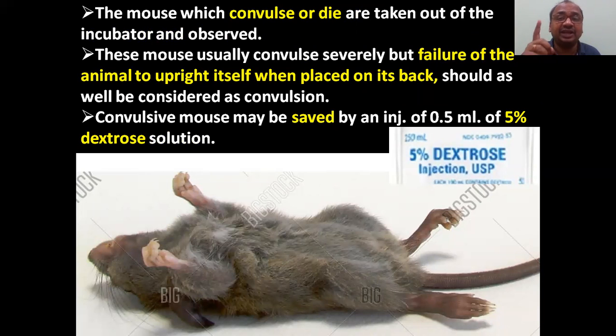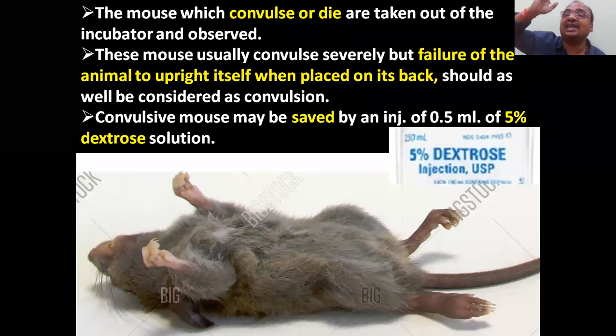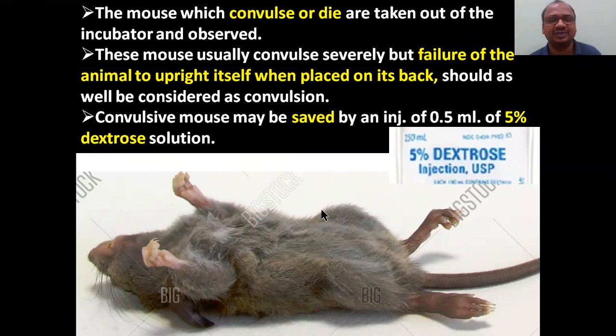And if you have any doubt, there is one small technique. Either it is a convulsion or not, you take the mice and put it on its back like this, and observe whether it comes to the normal position or not. If it is unable to come to the normal position on its own, then you can say it is a convulsion.